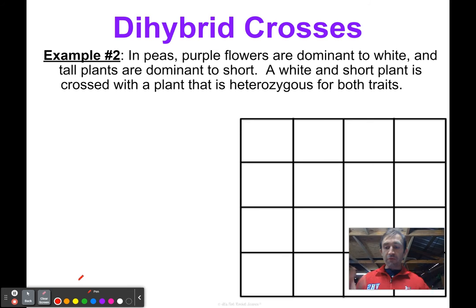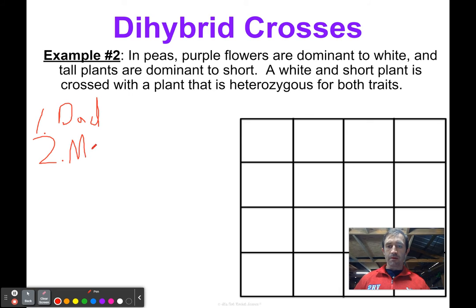Okay, so the first thing we did, number 1, was we got to figure out dad and mom. Okay, so what are the genotypes of dad and mom? All right, so dad, mom. Okay, so right here, it doesn't matter which one's dad, which one's mom. We have to get it right, so say, okay, dad's this one, mom's this one.